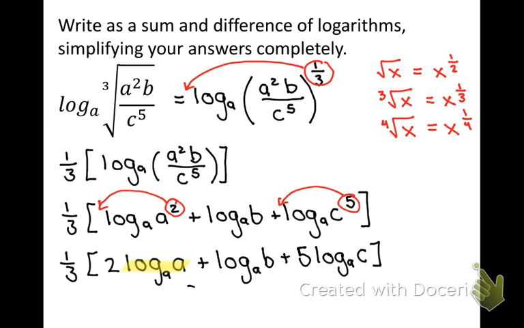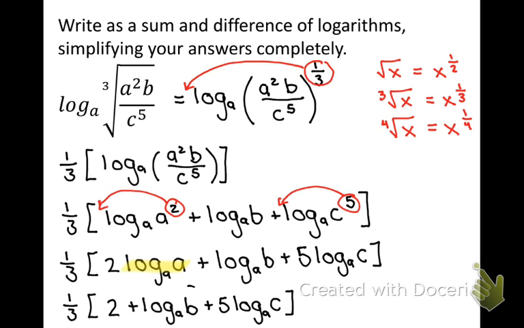What do we know about log base a of a? Yeah, it's equal to 1. And 2 times 1 is just going to leave me with a 2. So I have 1/3 times 2 plus log base a of b plus 5 log base a of c.